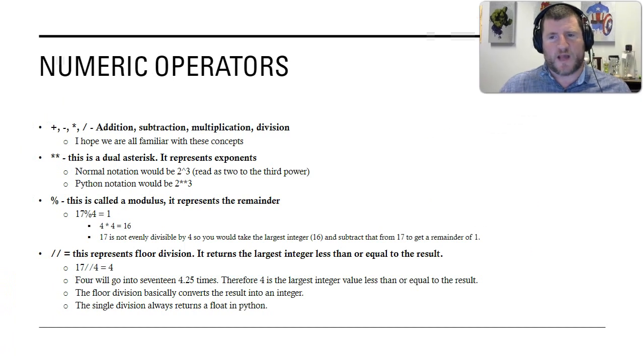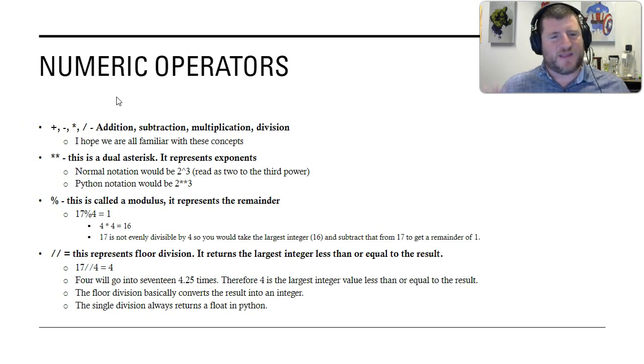So there are numeric operators. And again, some of them we're really familiar with, right? The idea of addition, subtraction, multiplication, division. These are things that we just know. The plus sign is addition, the minus sign is subtraction. Most people are familiar with the idea that the asterisk is multiplication and that the slash is division.